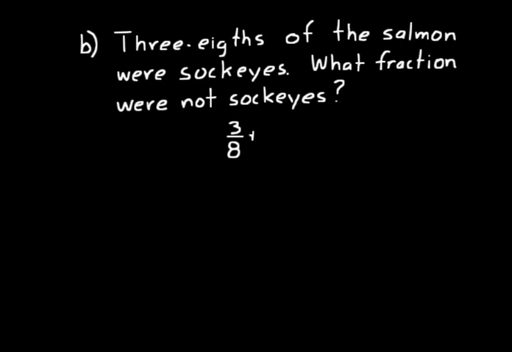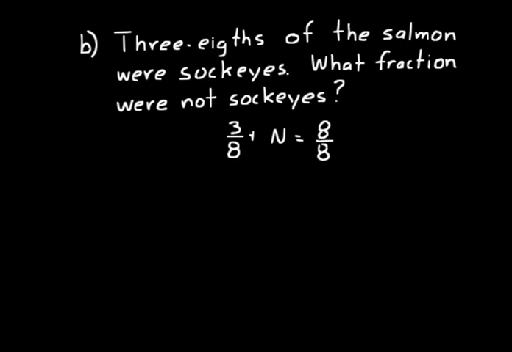And then the other part would have to be the ones that were not. So we'll just say n for not equals 1, or 8 over 8. Just think of it as 8/8. That's the best way to solve a problem like that. Instead of writing 1 down, just to prevent any confusion, put 8 over 8. Because that's the same thing as 1, right? The numerator and denominator are the same number.